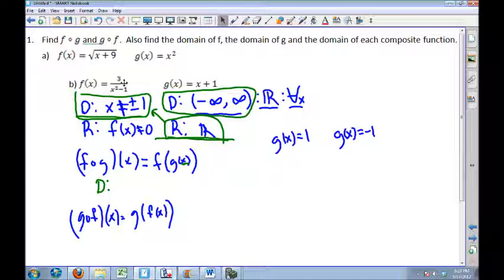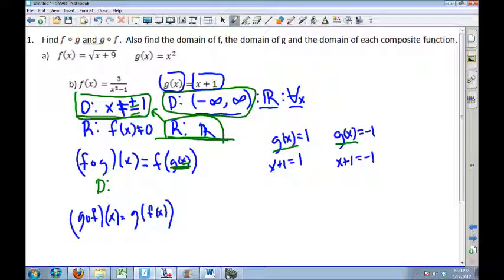Since g of x is the values I'm plugging in for f of x, I cannot plug in when g of x equals the positive portion of this, or when g of x equals the negative portion of this. So to figure out the values of x where this happens, I'm going to replace g of x with its equivalent form. So x plus 1 equals 1, and x plus 1 equals negative 1 would give me undefined values in this composition.